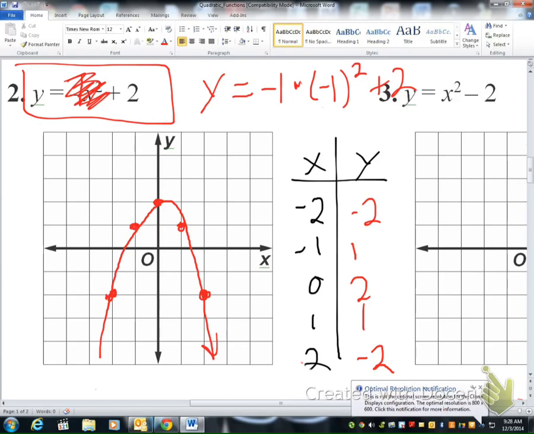Now, one thing you notice, if you look at the answers I gave you, two of the answers on your homework were opening downward. What do you see in common about those two? Negative x squared, okay? It can be negative 1x squared, it can be negative 3x squared. But think about it, what happens if you have x squared?